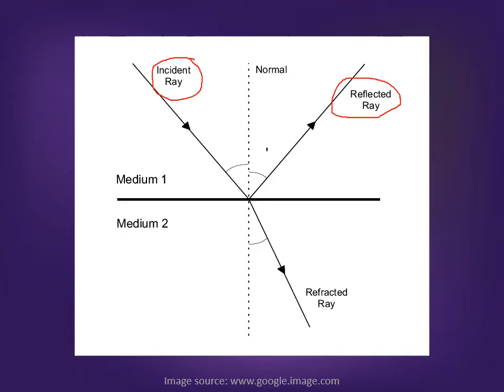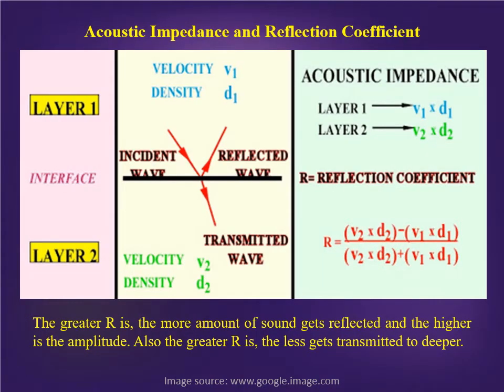The more transmission or refraction occurs, the lesser the amount of reflected ray coming to the Earth's surface. Now, the reflection of the incoming wave is dependent on the velocity and density of the layers.